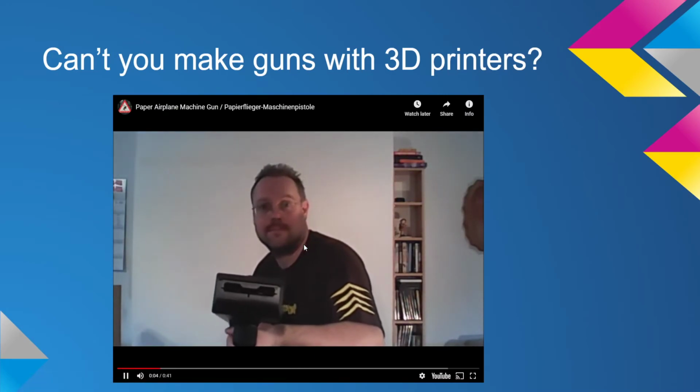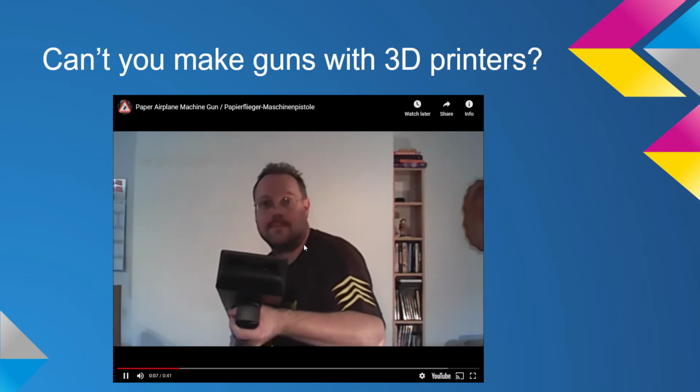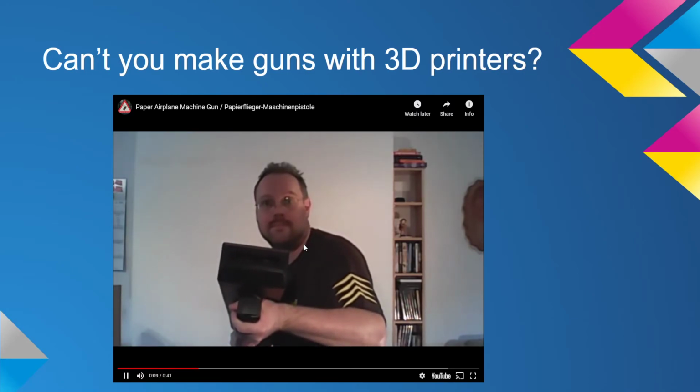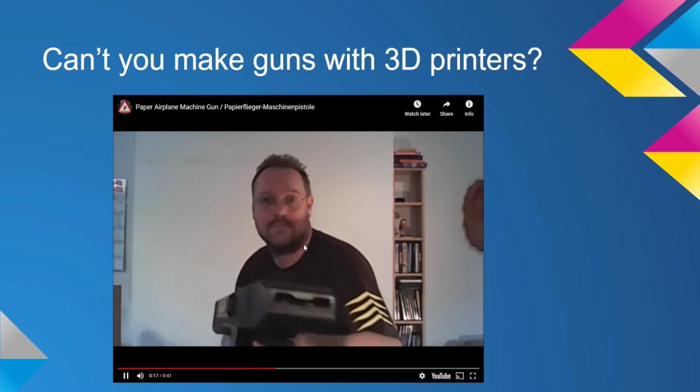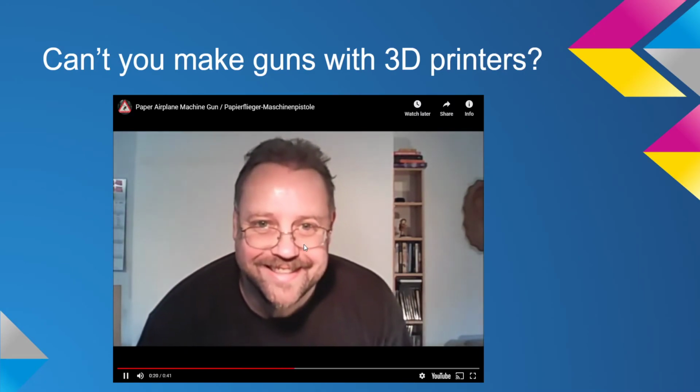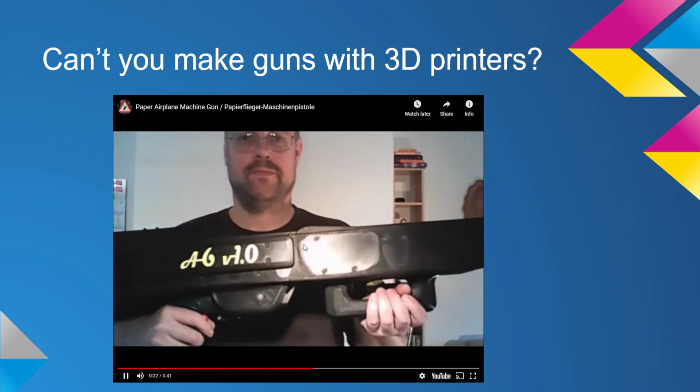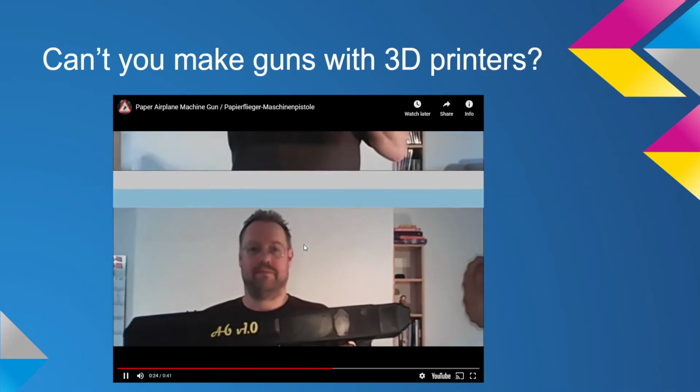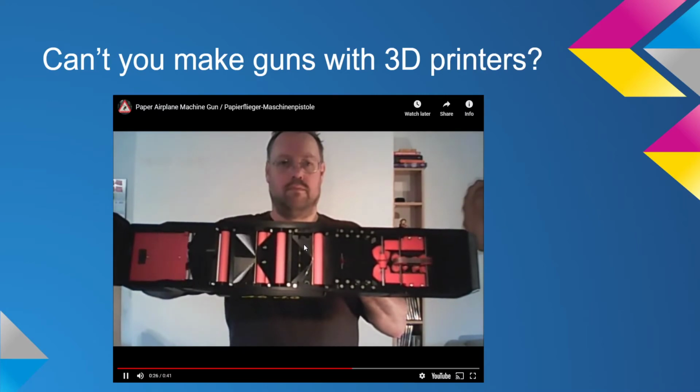It's a paper airplane machine gun, and those are paper airplanes flying out of the end of that. Just a second here, and I'll show you how the gun is working. It takes the sheet of paper and folds it and spits it out the end. That's one of the coolest things about it.